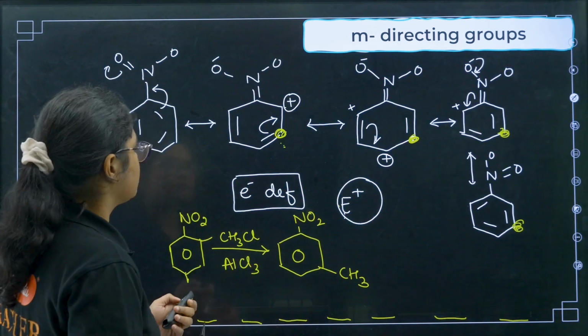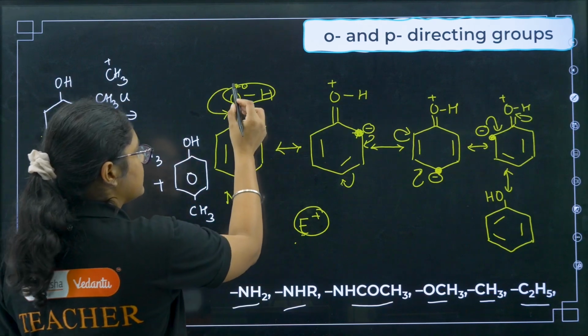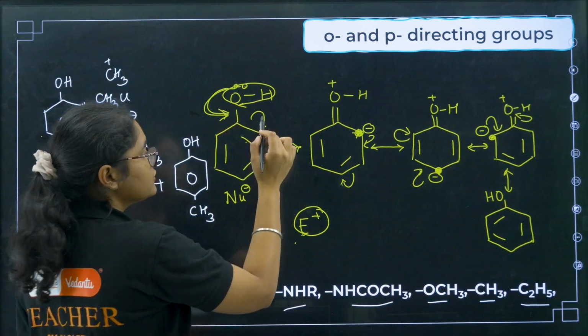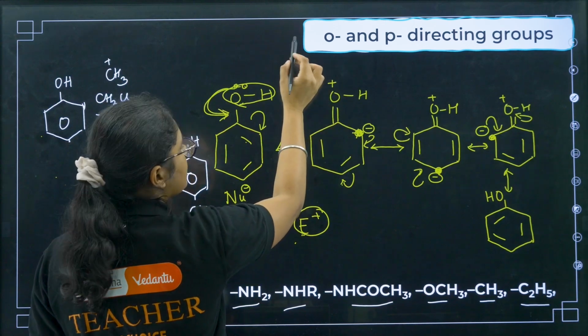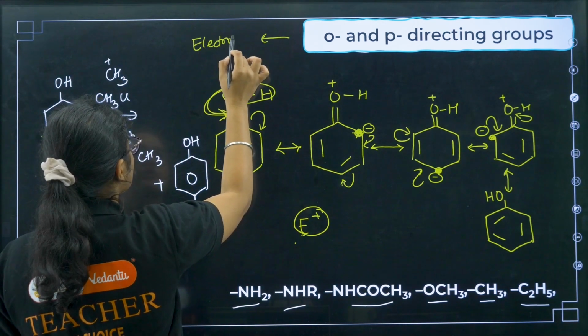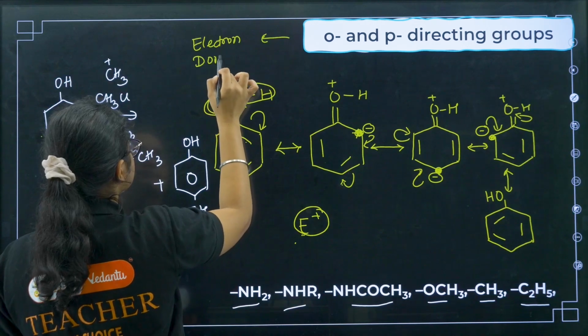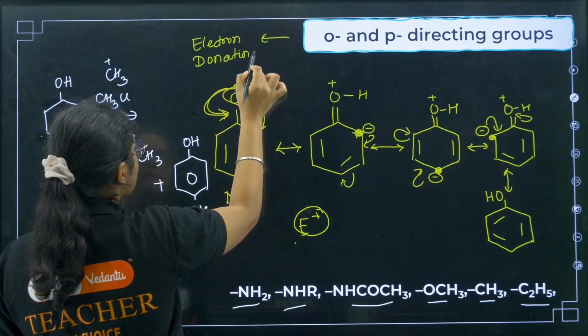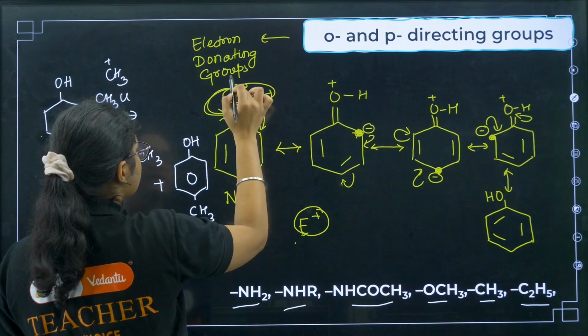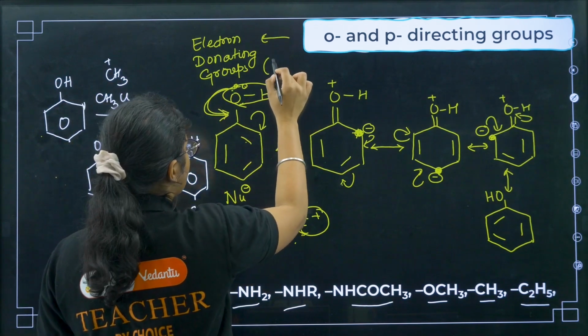Now one more thing you should remember: this OH is donating electrons to the ring. So these ortho-para directing groups are called electron donating groups. Or I can say that electron donating groups are ortho-para directing.